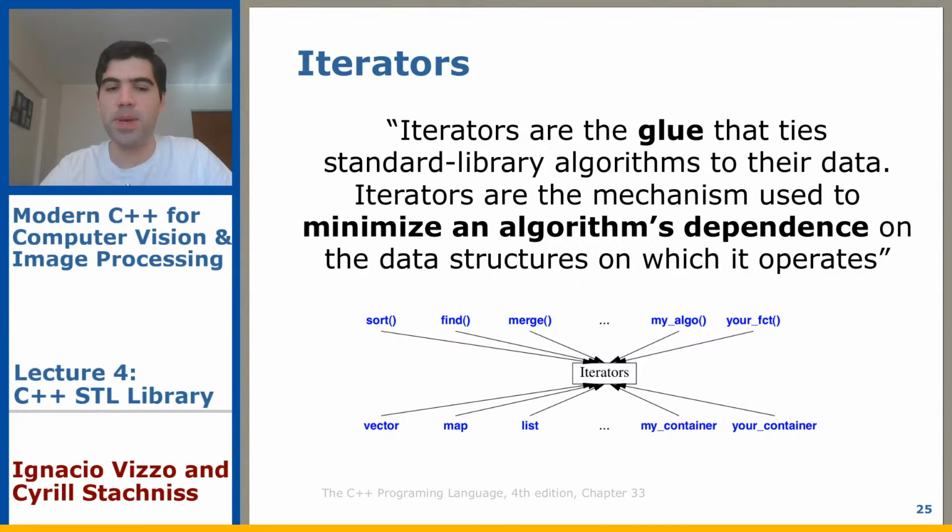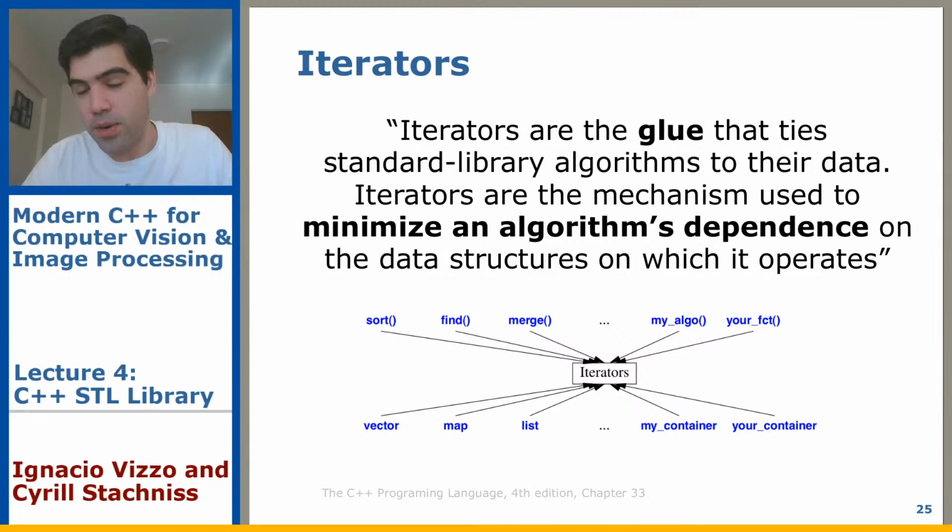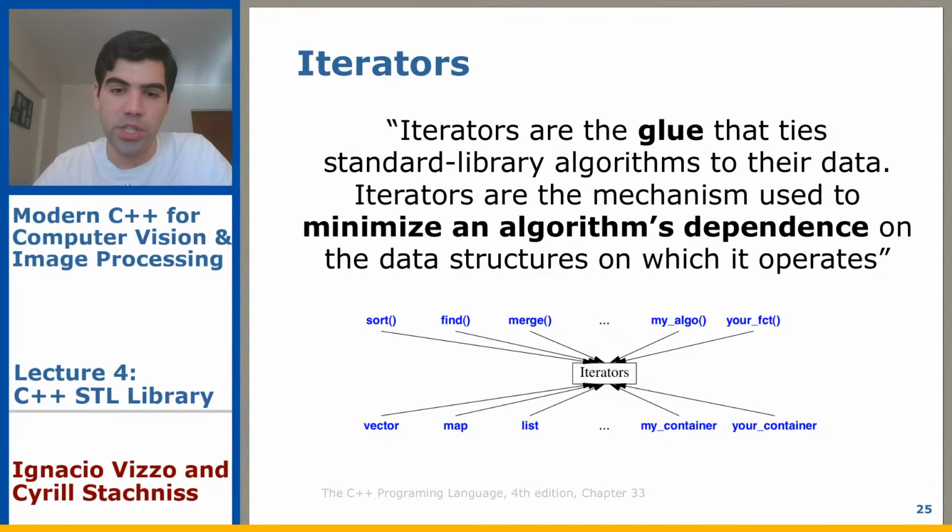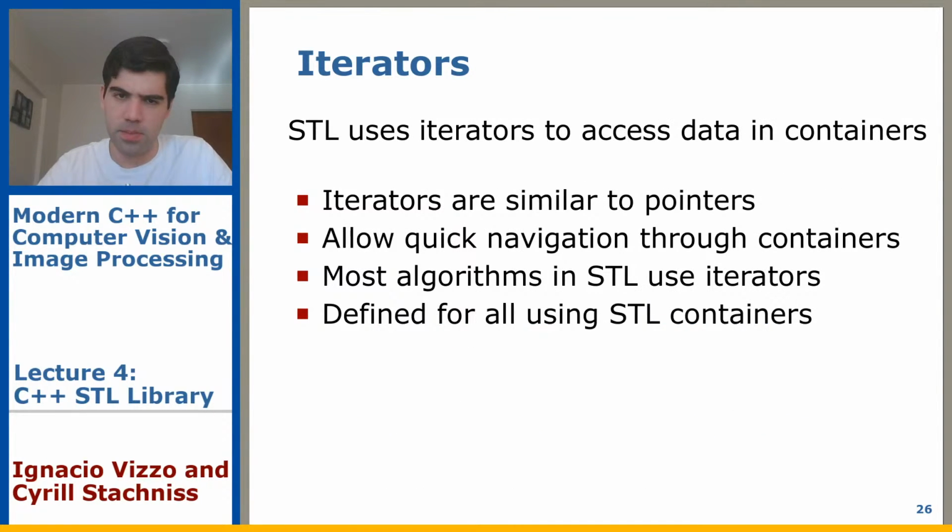So by just inspecting the sort function, you will not be able to know to which data it has been applied, right? We will see more about generic programming when we reach templates in C++. But this is a way of doing generic programming in C++, and it uses iterators. So this is a really key concept in C++.